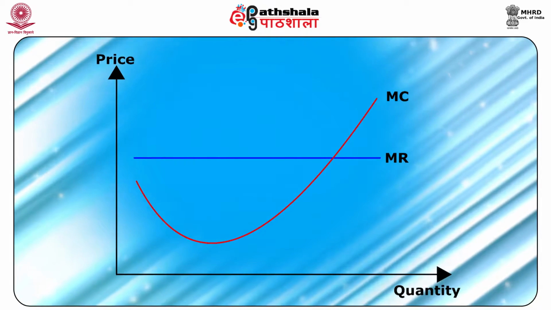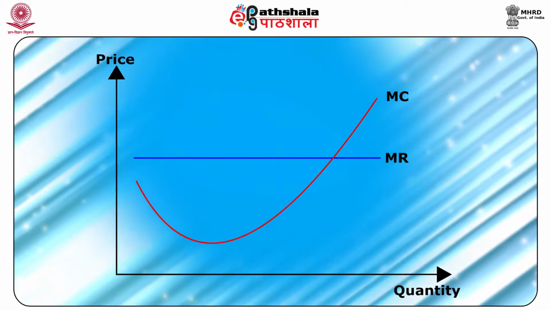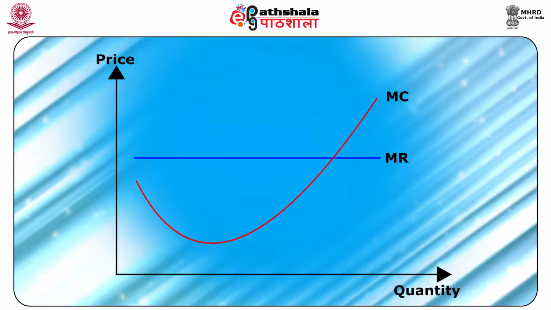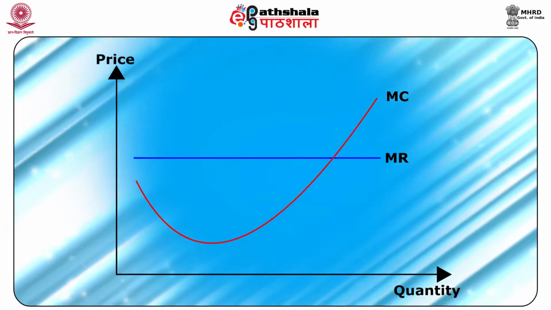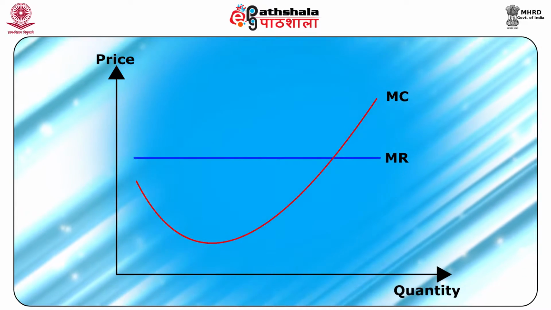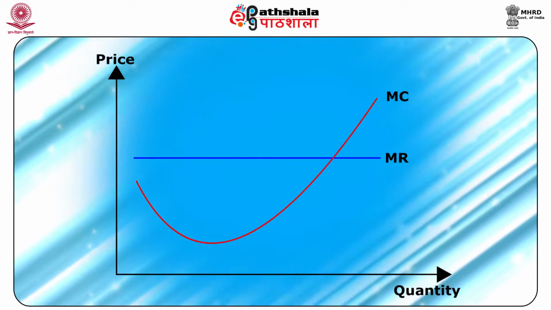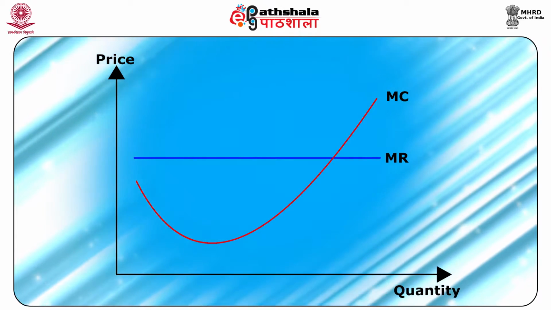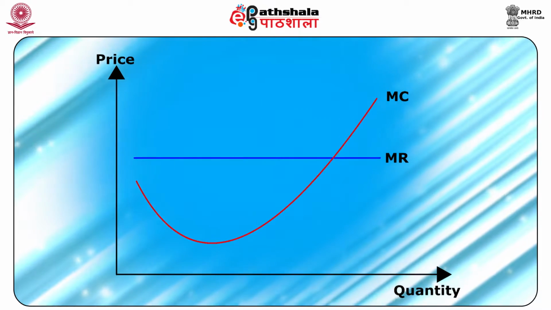To the left of this point, you would notice that the marginal revenue, the blue curve, is lying above the marginal cost curve. Therefore, as we increase the quantity produced, the marginal cost would rise, but as long as the marginal cost remains below the marginal revenue, there is a producer surplus.